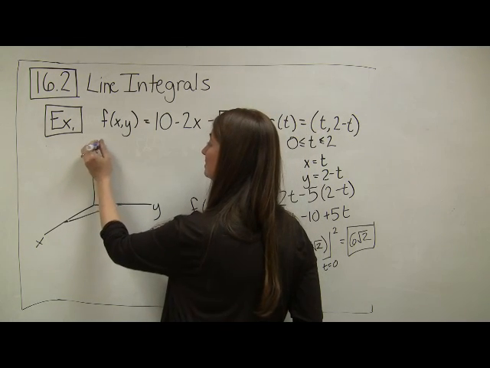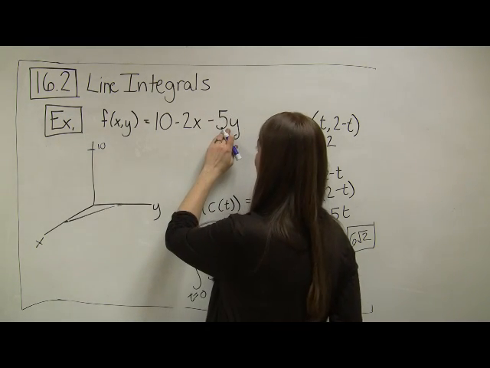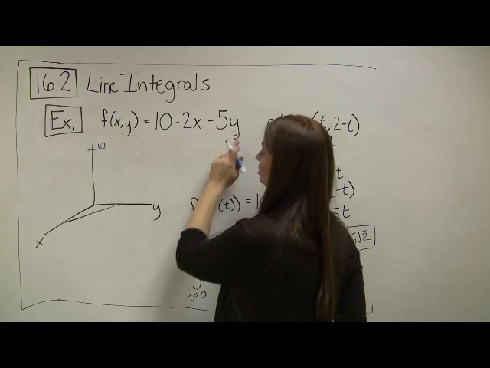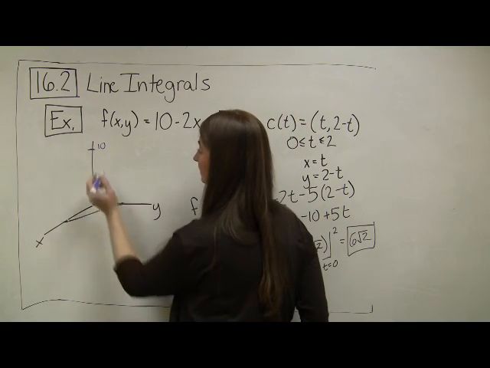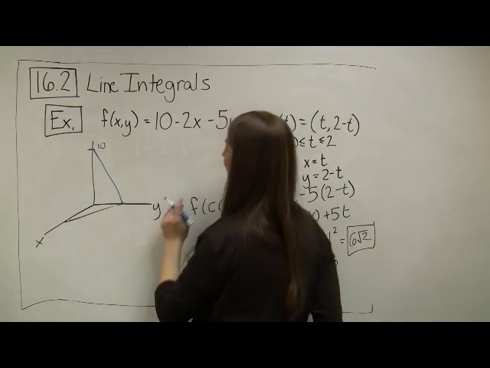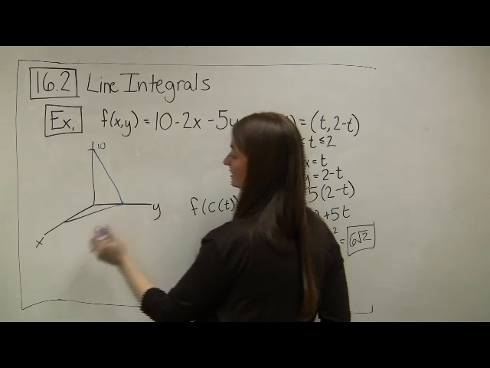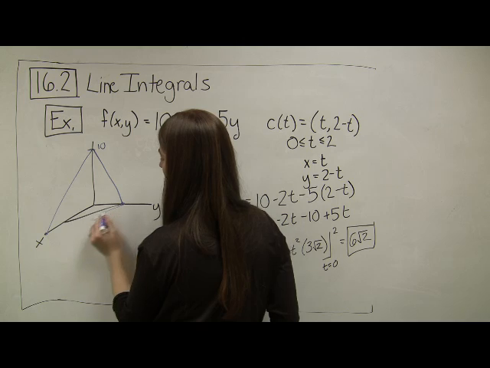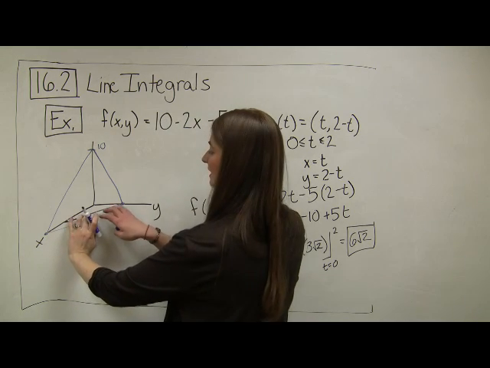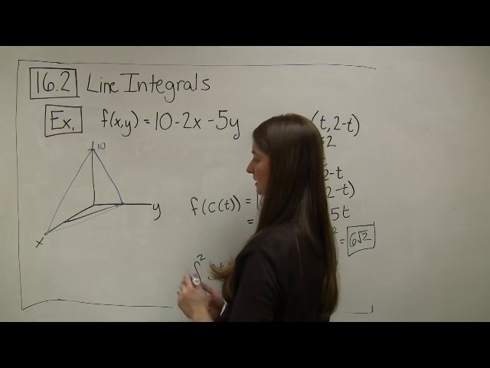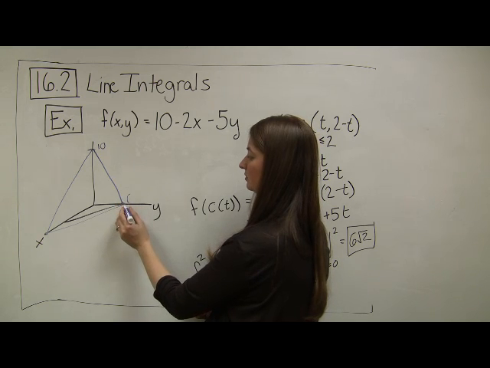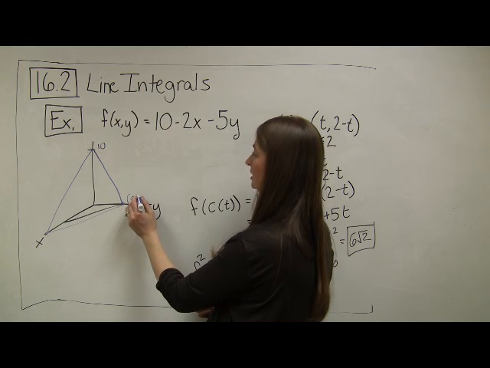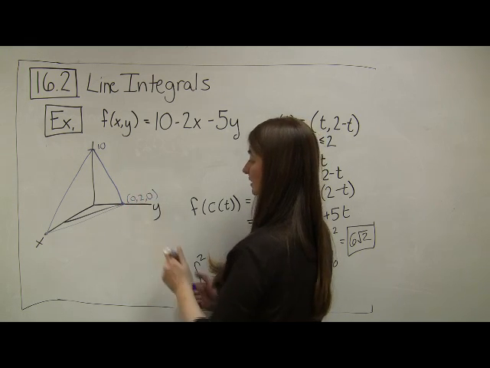It has a z-intercept up here at 10. It has a y-intercept when y is equal to 2. And it has an x-intercept when x is equal to 5. So this is a sketch of the corners of this plane. And I'm taking the path that doesn't quite line up with the corners of the plane. It lines up at this point right here, which is the point 0, 2, 0.